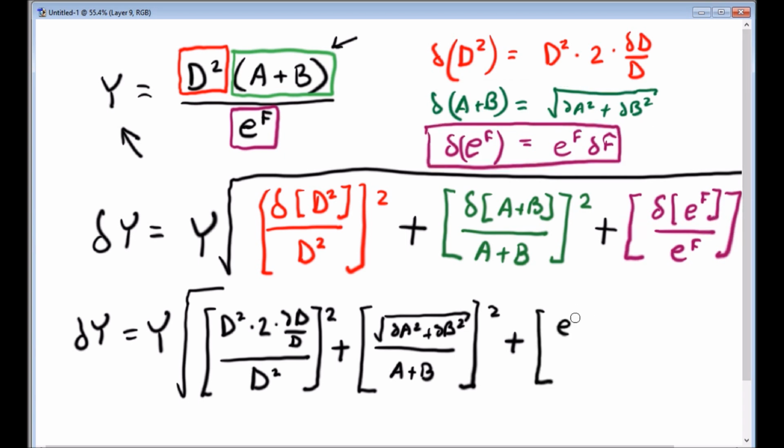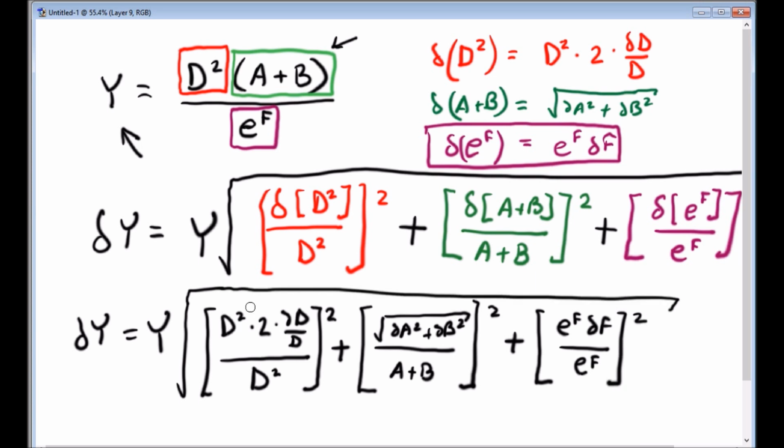So e to the f delta f divided by e to the f, all squared. And all of that's inside this square root. Now there are a few cancellations you can make here, but even if you didn't, this would be your complete expression. So this is the uncertainty for this expression.